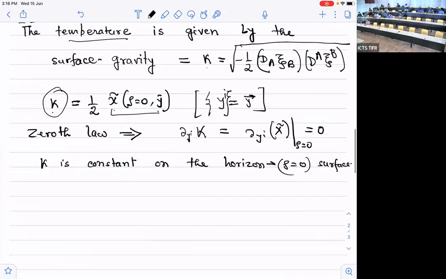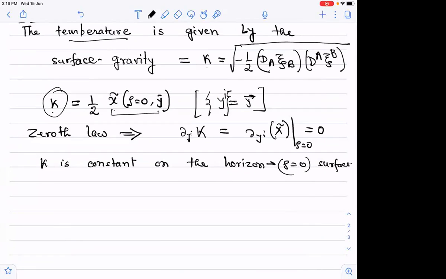Hello. I wanted to ask a question. Here we are assuming that the horizon is some connected surface. Is that right? I am not sure how explicitly we have used it because all the analysis is very local at every point.